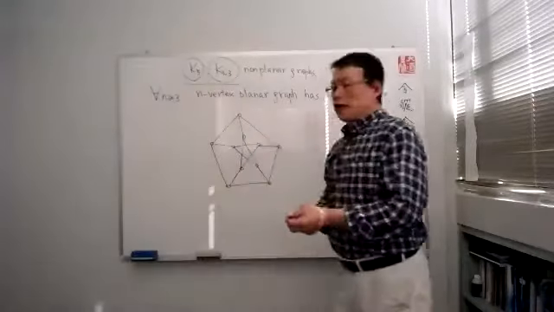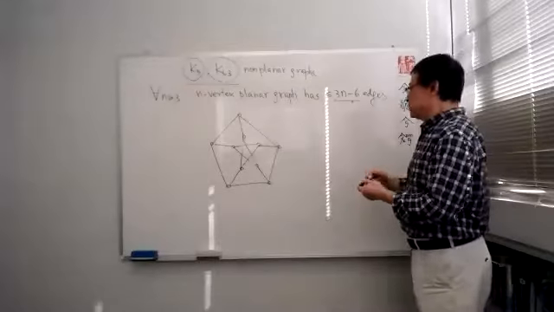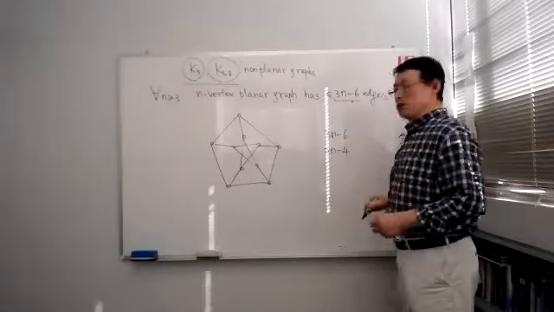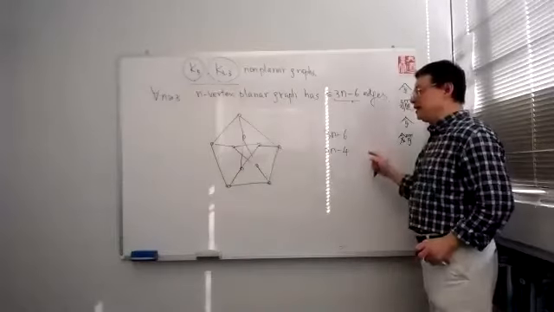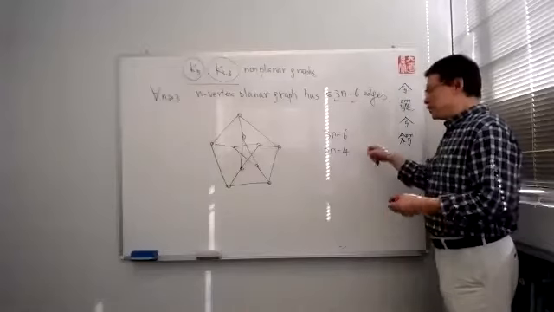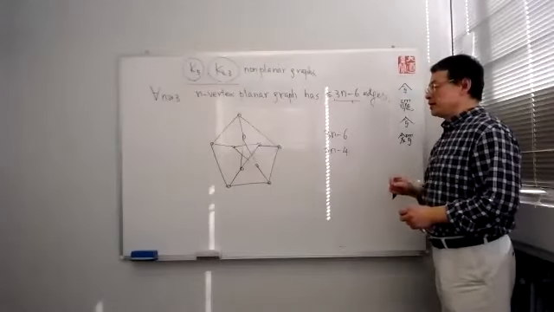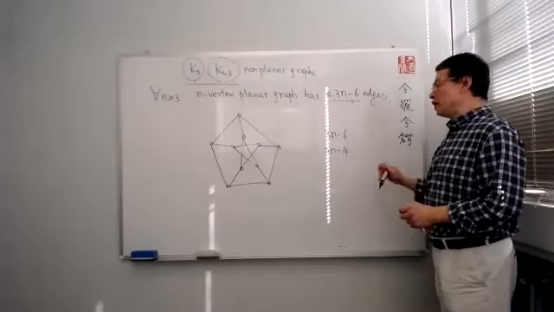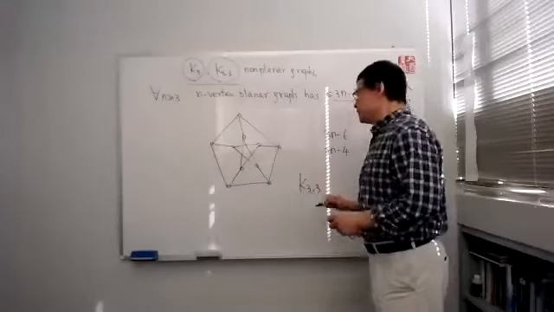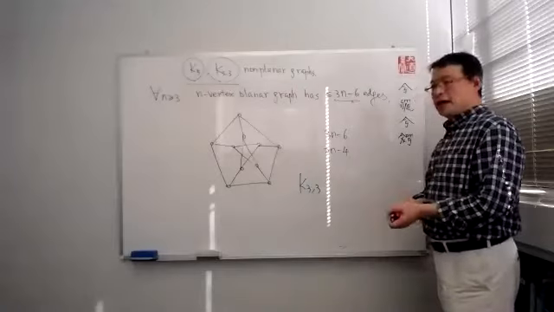If we use the edge-counting formula on this graph, it will not work. Of course, we can use a similar idea, but not these two formulas. We need to use a different formula. So here I will show you that this graph contains a subdivision of K33. That shows it's not a planar graph.